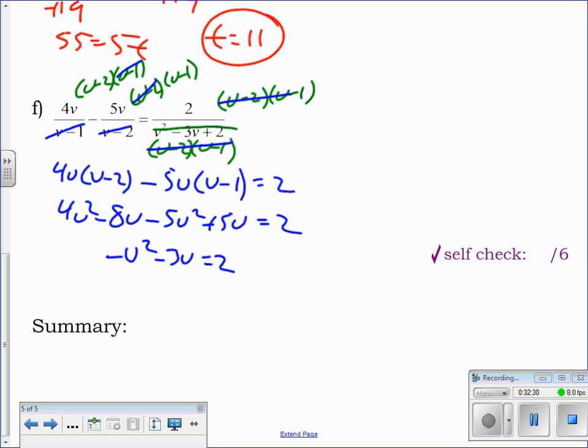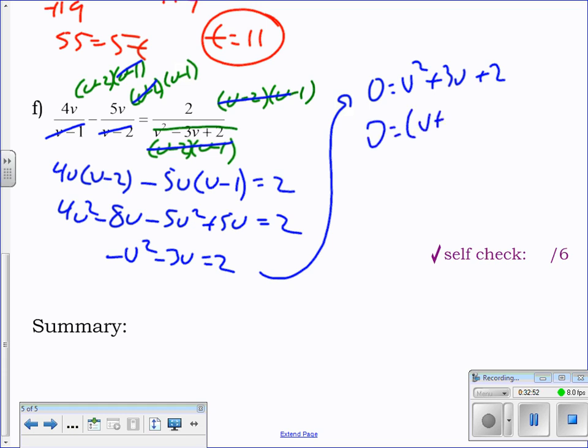I want it equal to 0, but I want my squares to be positive. So I add v squared and add 3v to both sides to give me 0 equals v squared plus 3v plus 2. Zero equals v plus 1, v plus 2.